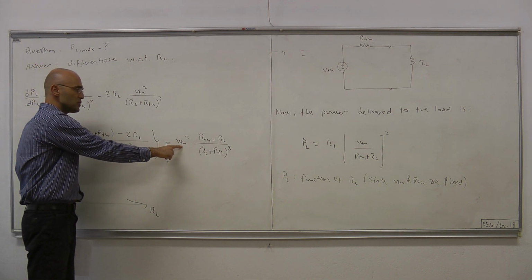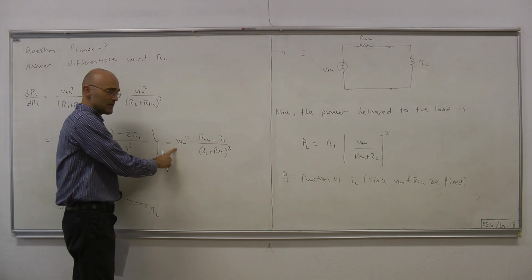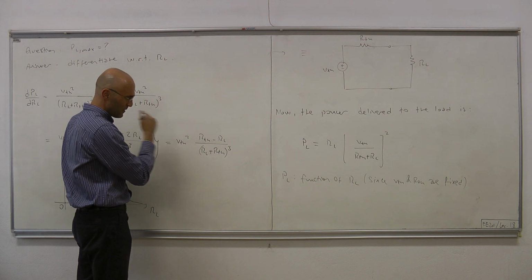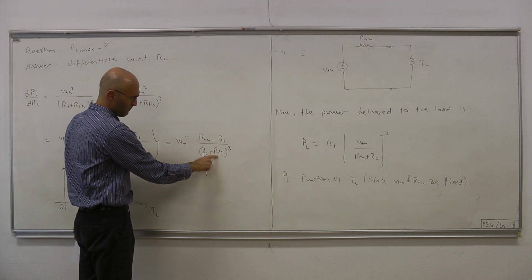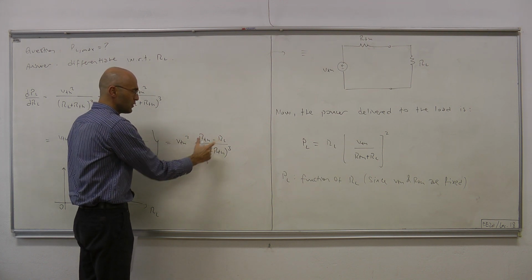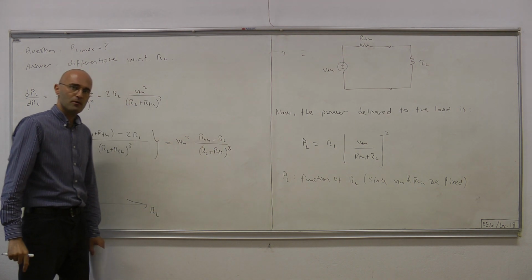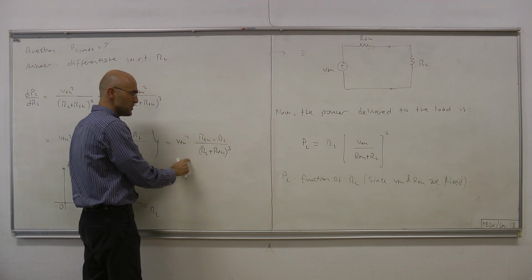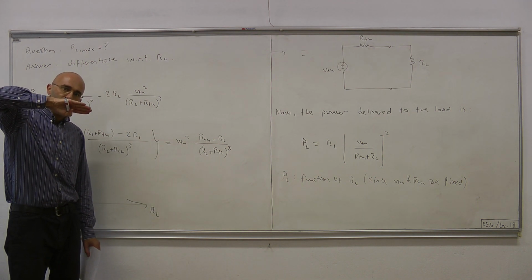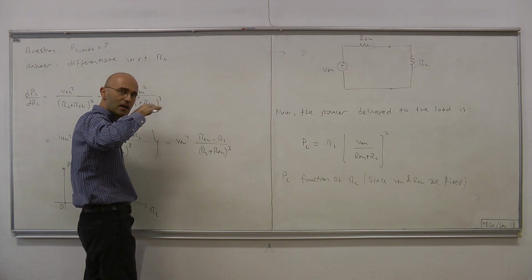And what happens to the slope of this curve? Initially, when RL is very close to 0, we can ignore this term, and this is very tiny, therefore the difference is positive. That means we start with a positive slope. Now as RL increases, this difference becomes smaller and smaller, so the slope becomes less and less steep, and at some point RL equals R Thevenin, it becomes 0.